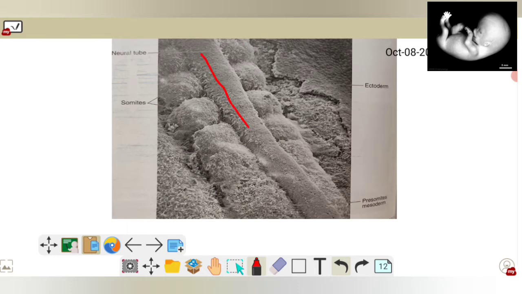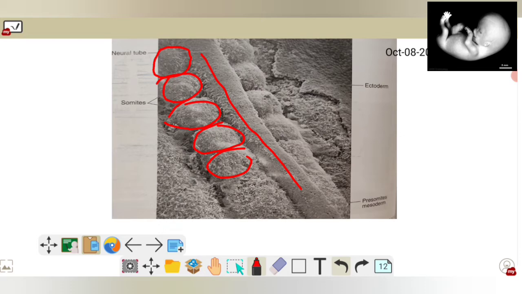Now this is the neural tube, and these are the paraxial mesoderm that get segmented to form somites. These are the somites in the craniocaudal direction.